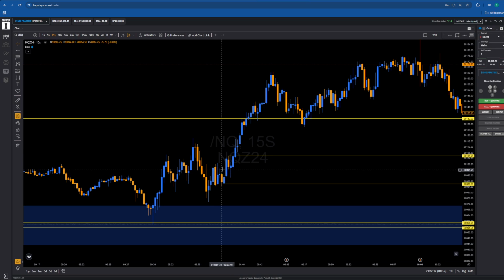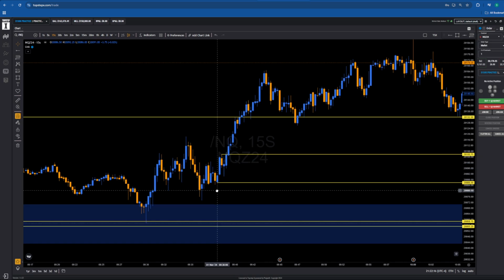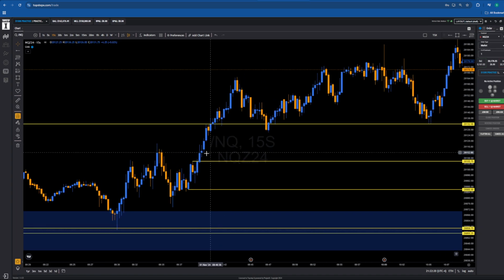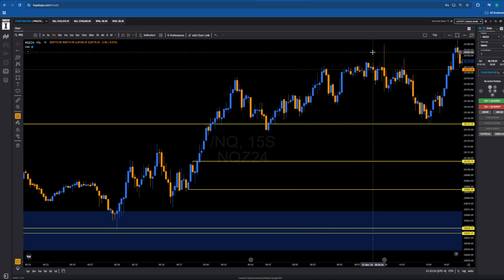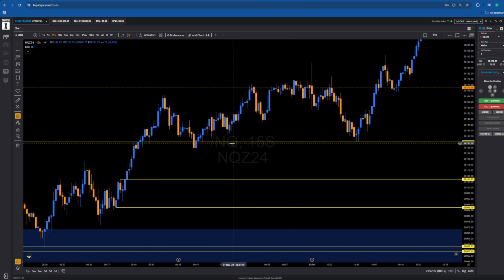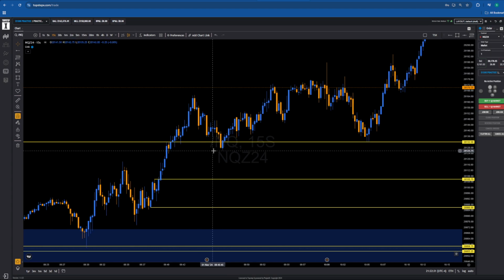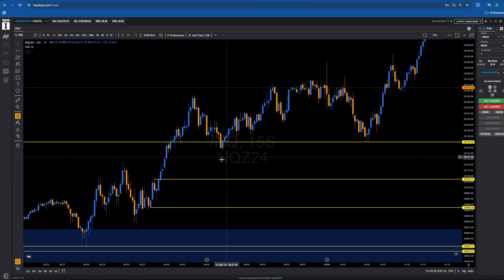And on the 15-second, it just gives me like a 20-point range to enter my trade, and then just manage accordingly. So I kept reducing my position based on these swing points. And in the end, I was able to score a lot of points.